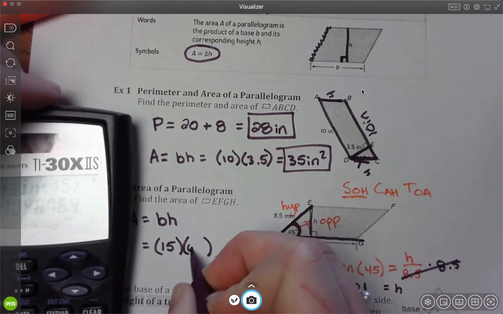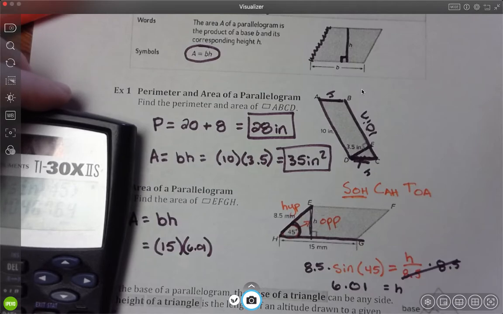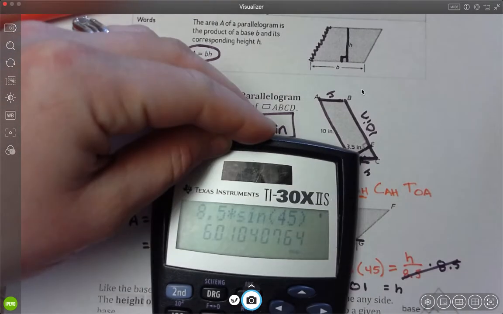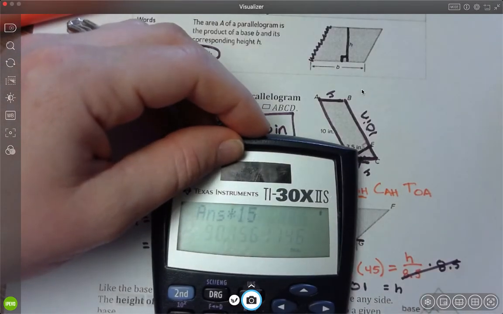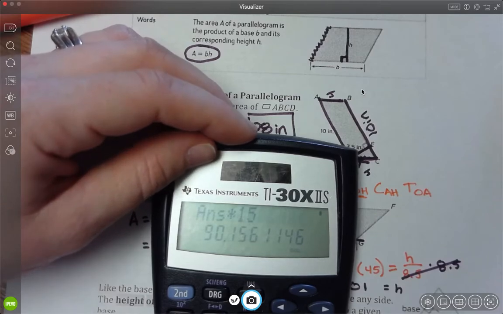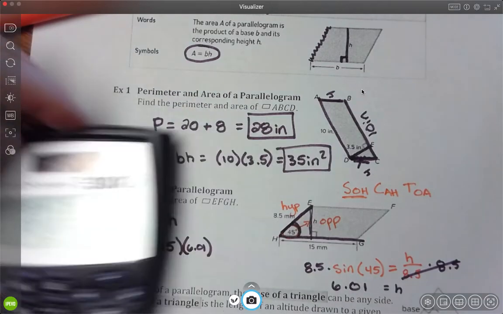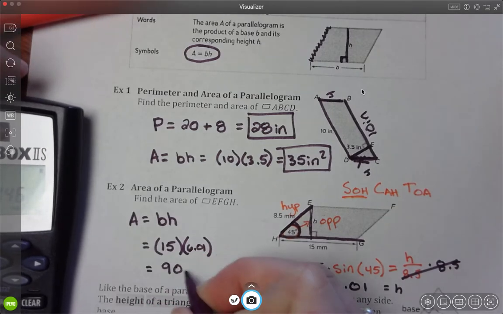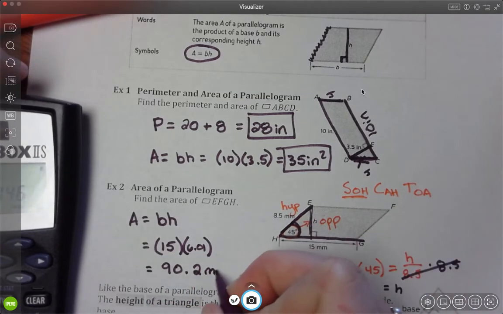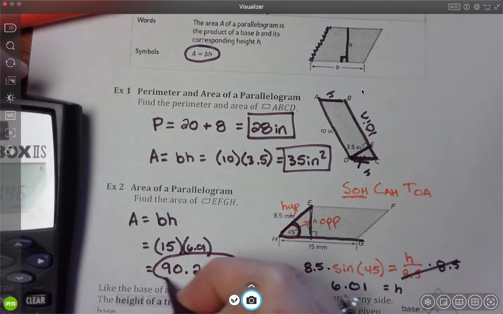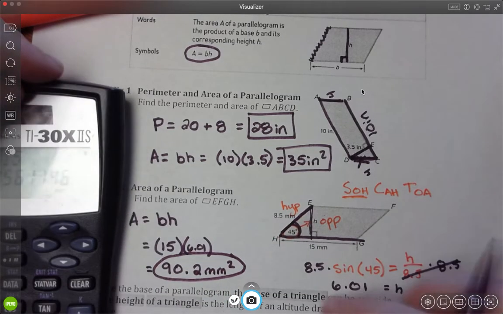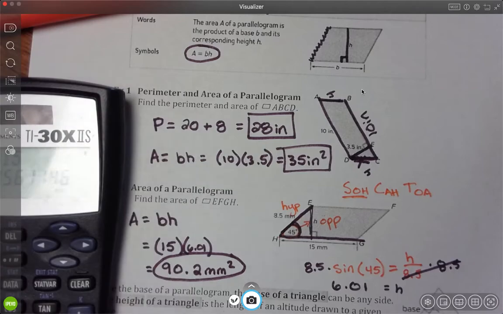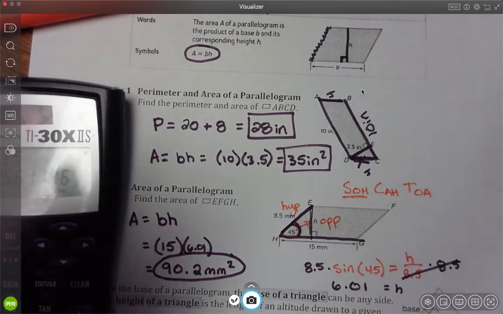So that's going to be my height, 6.01. And then I'm just going to take that number and multiply it by 15, because that's going to be my base and my height. So 90.2 millimeters. And since we're doing area, that is squared. Okay, so they might make it a little challenging to find the dimensions that you need, but it's just base times height the whole way through.